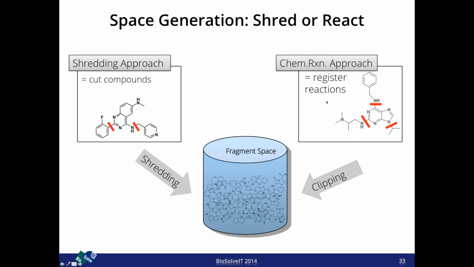The other idea, which has a certain appeal to it, would be chemical reaction-based. So essentially this translates to the registering of chemical reactions, which means, for example, to arrive at a compound like this, I would need my scaffold and I would like to functionalize this scaffold somehow.